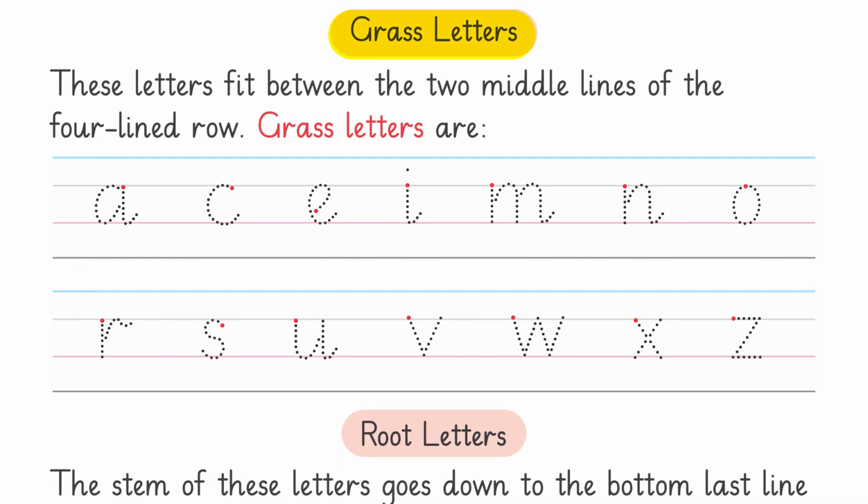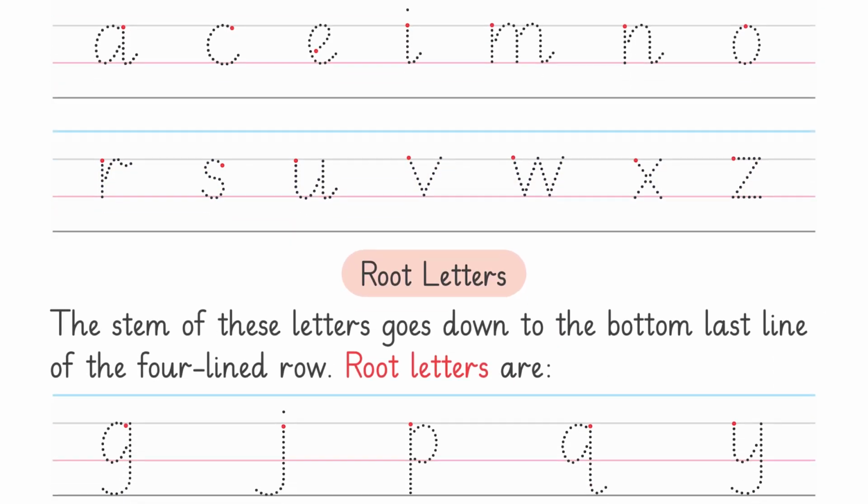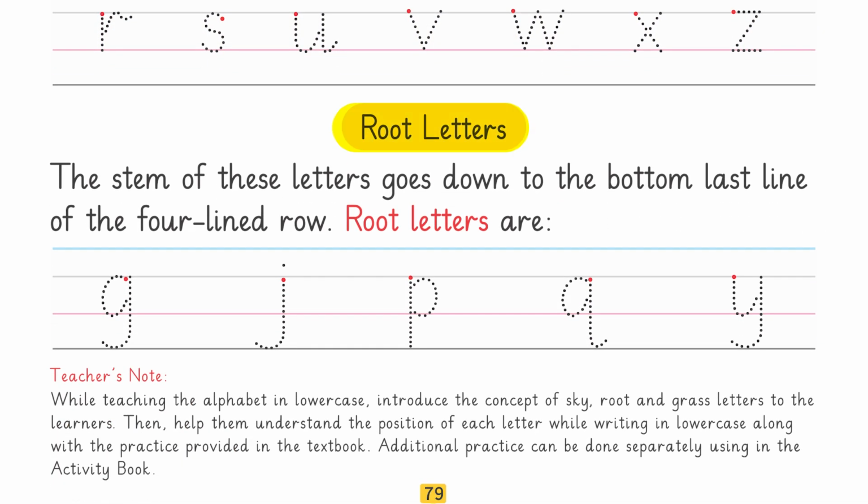Then we have some grass letters, and they come in the two middle lines, which we call grass lines. The grass letters are A, C, E, I, M, N, O, R, S, U, V, W, X and Z. And now comes the root letters, which I have pointed out to you again and again. These are the letters that start from the second cross line and go towards the root line, which is the last line.